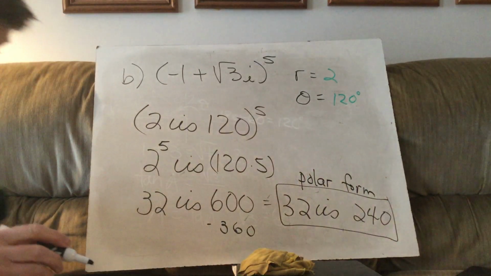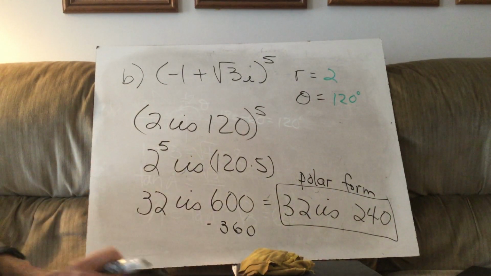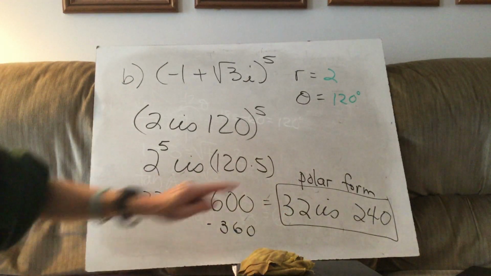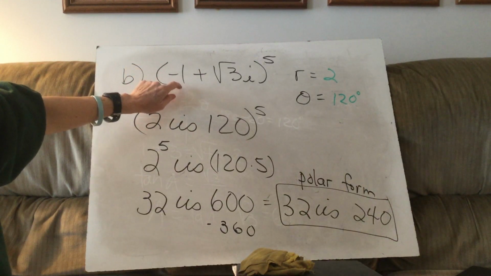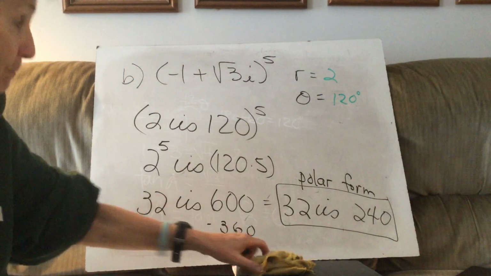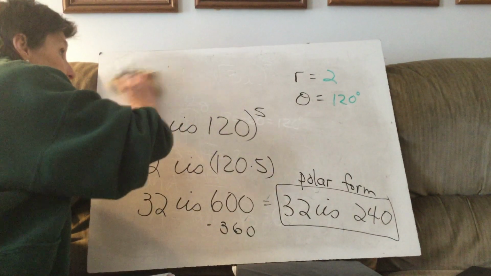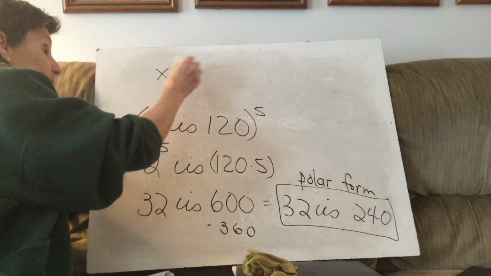Now remember, the directions to this section said we had to answer in complex and polar. So that's the polar form answer. Now we need a complex answer. We need an answer that looks like this.